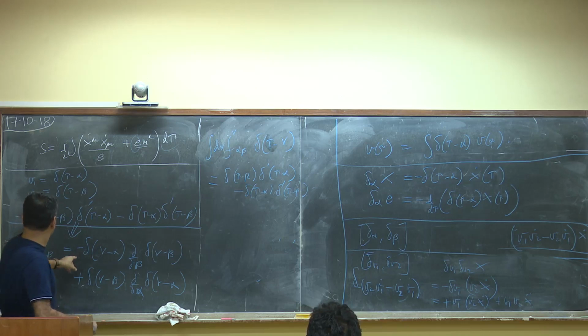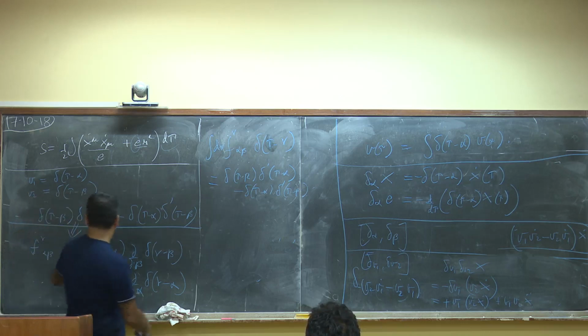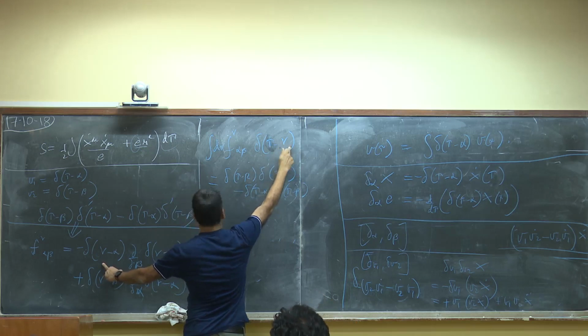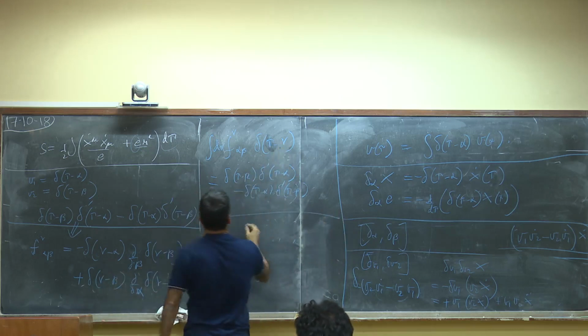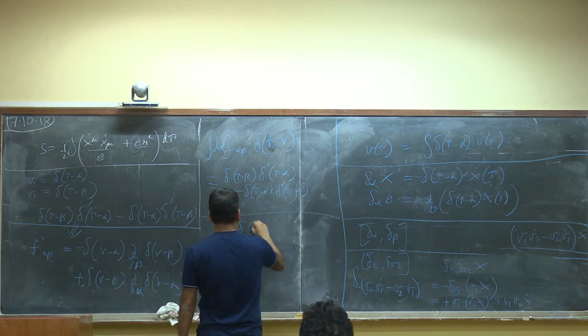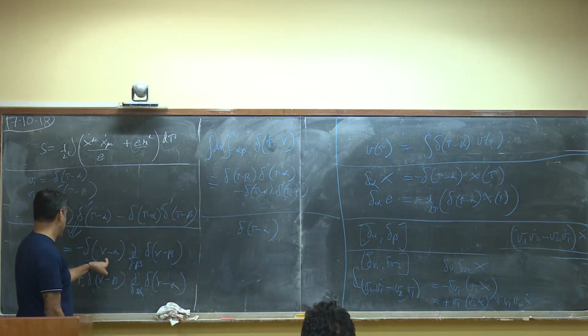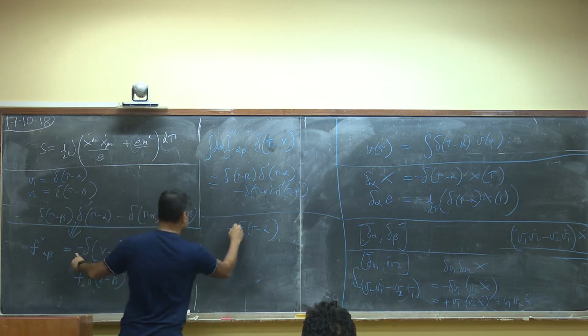When we do this integral, the first term becomes delta of tau minus alpha with a minus sign.